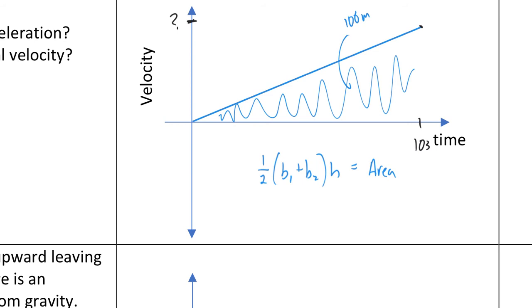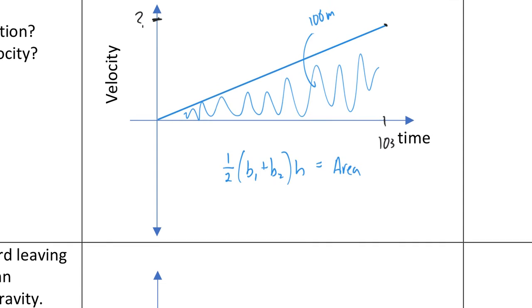But look, we know more than this. I don't have to draw this graph to know that the area of this graph was going to be the displacement. Meaning, this is delta x. It's the displacement.